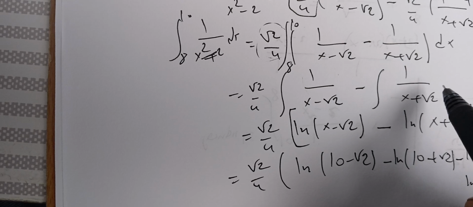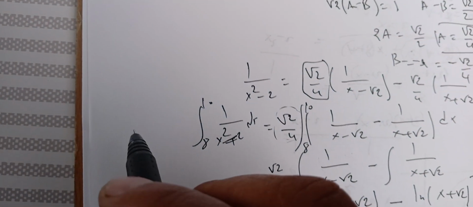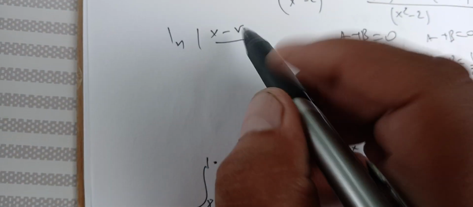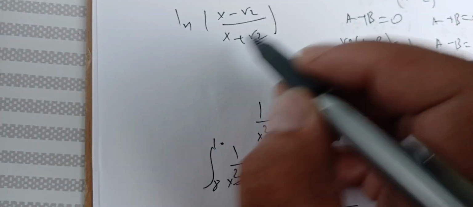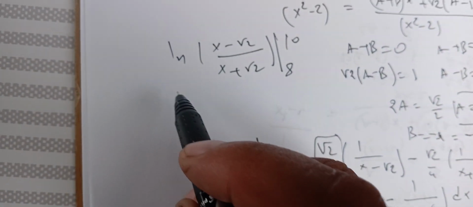I could have done something better. Here, I could have written this one as the natural log of x minus square root of 2 over x plus square root of 2. And I can do the evaluation between 8 and 10.